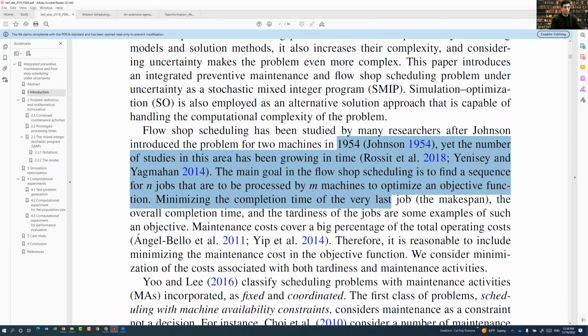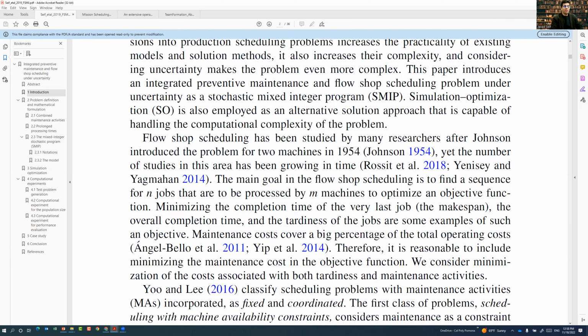And I also talk about the importance of maintenance in flow shop scheduling. That way, I'm telling the reviewer or the reader that this is an important field and this is how it has started and evolved as a field of research, as a technical field.